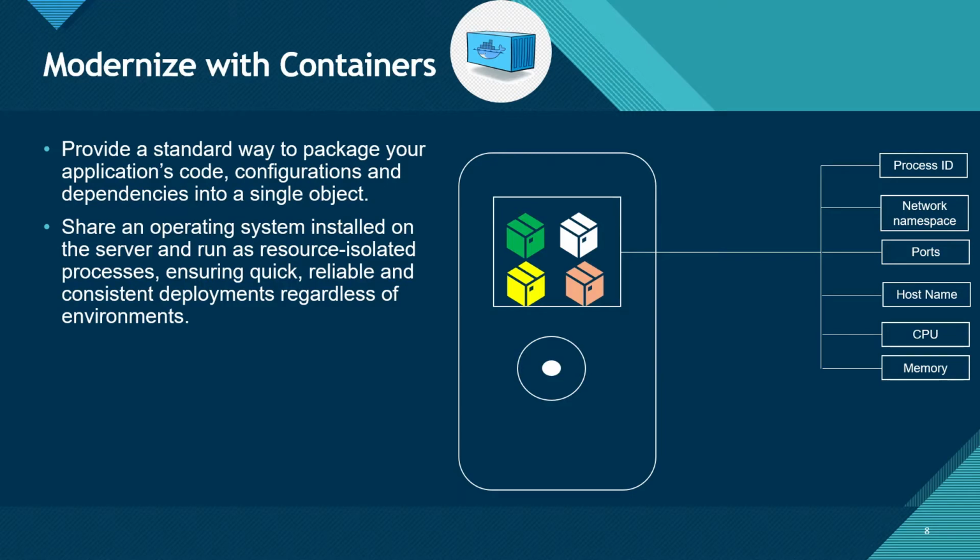So we have the same operating system using the same kernel, and then we virtualize that operating system, and that virtual operating system is used by different containers running on that machine.